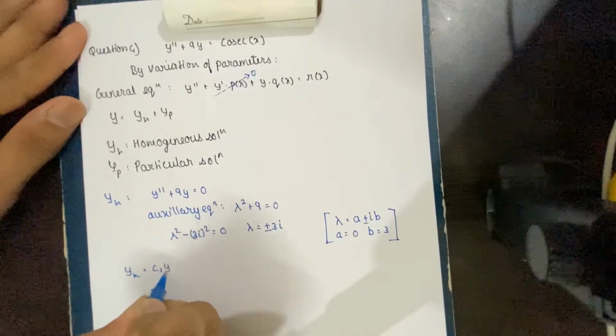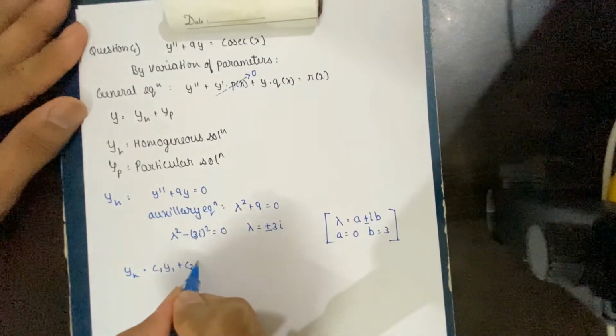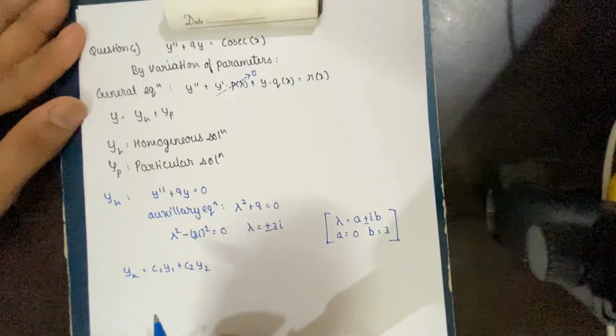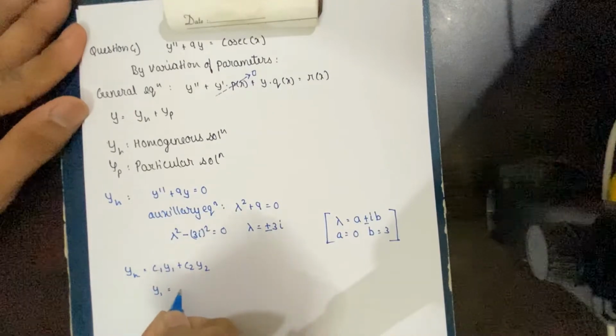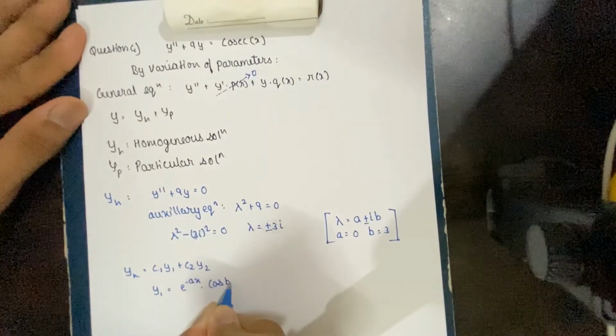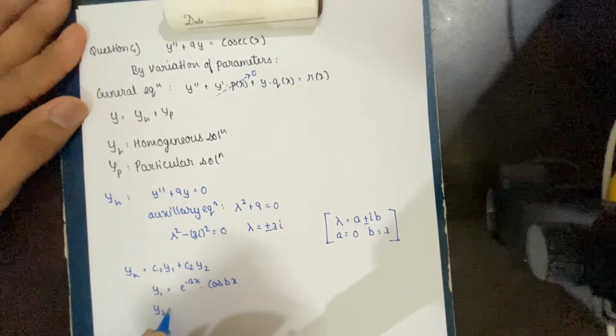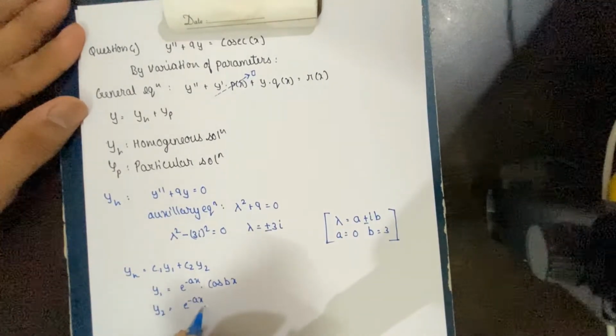So yh, the homogeneous solution, equals c1 y1 plus c2 y2, and y1 is equal to e power minus ax times cos bx, y2 is equal to e power minus ax times sin bx.